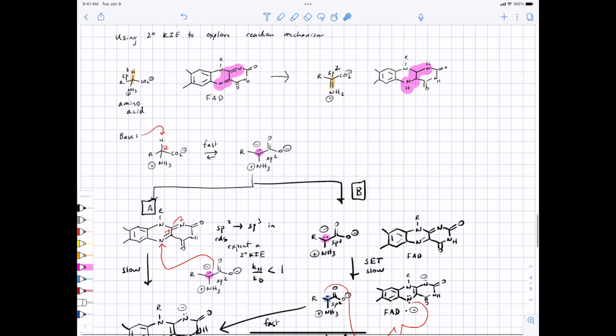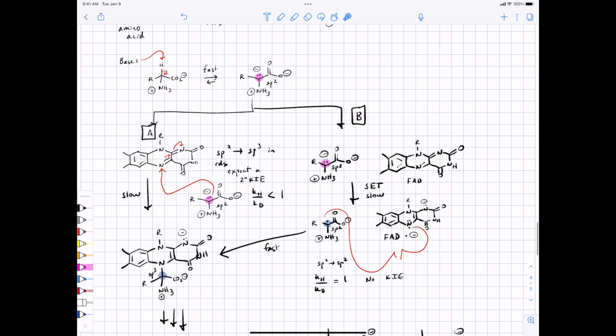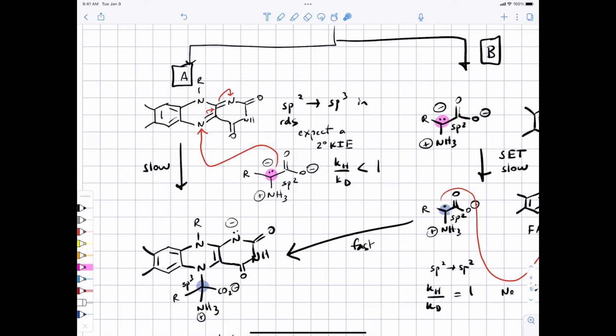But there are a couple of possible mechanisms, and they both involve rapid deprotonation of the alpha proton to give you basically an enolate. Then there are a couple of possibilities for the mechanism, one of which is that the enolate attacks the nitrogen, sort of a conjugate addition kind of thing.